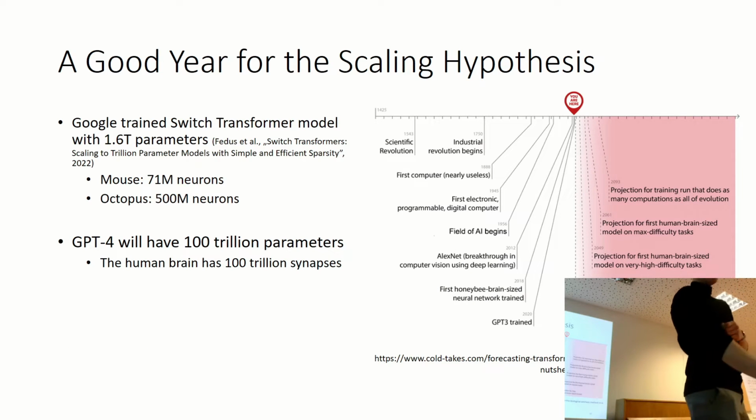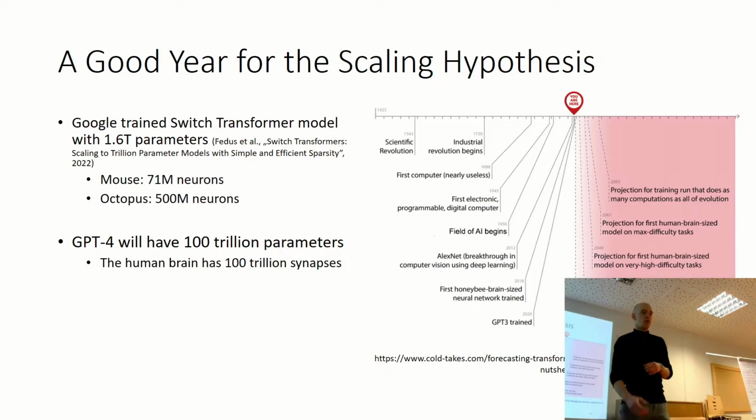Right? An interesting perspective to take on this, and I will come back to exactly this slide in the Pathways part of this talk, is that now Google this year already trained a model with 1.6 trillion parameters.